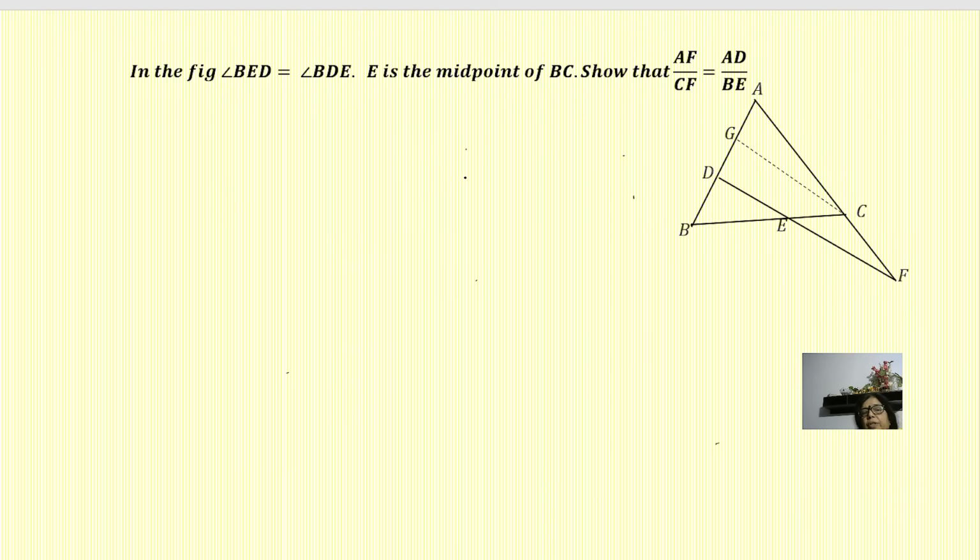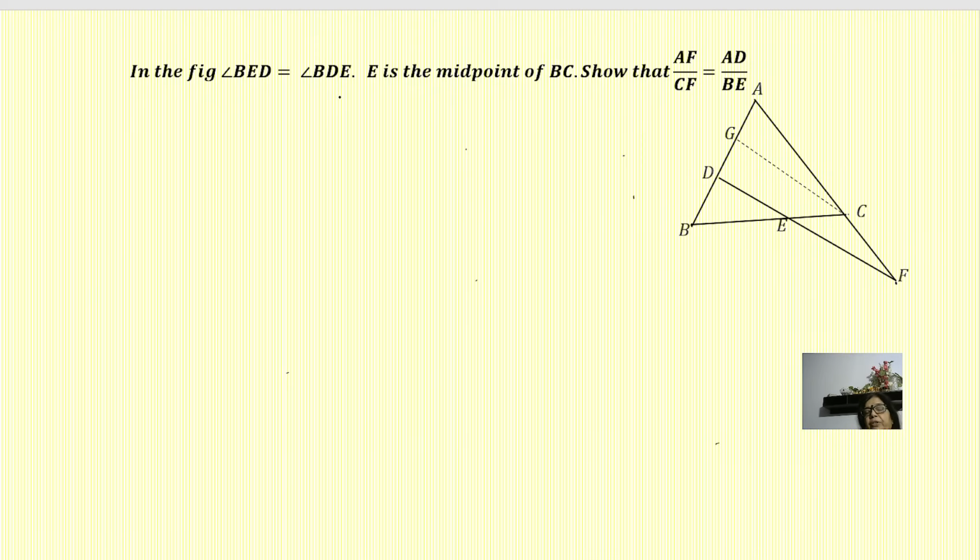The next question here is, we have a triangle where you find some extra constructions have been done. Like you can find there is a point D on this side and there's a point E on the side BC, and a line has been drawn which has been extended to F, and then AC has been extended to meet at F. Another construction that is done is CG has been drawn parallel to DE.